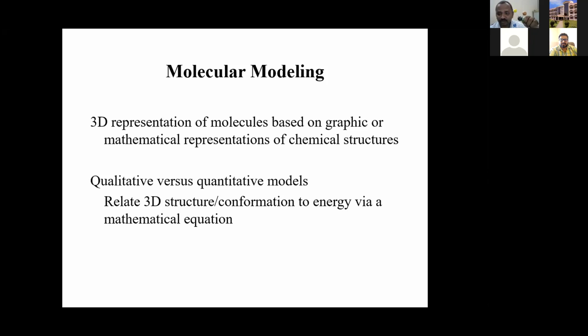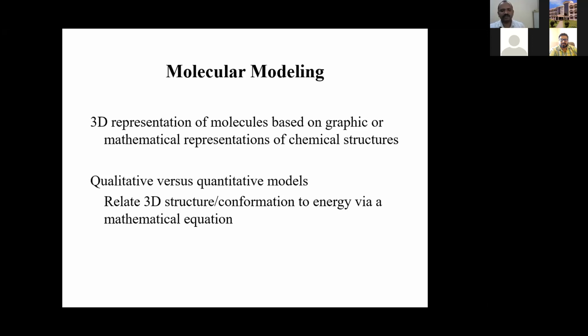Are you sure about that? This is a big question. In computer drug design, any ligand you sketch first.